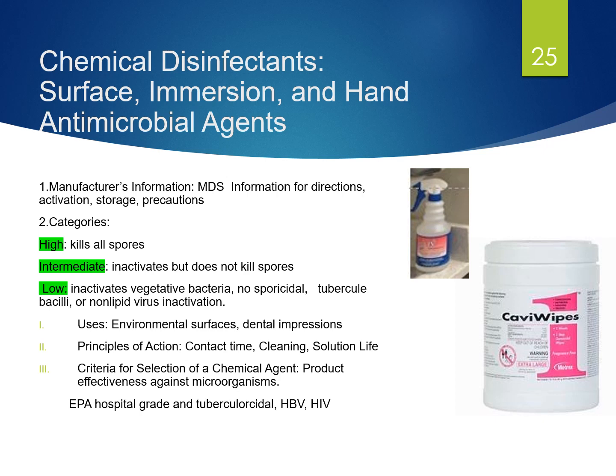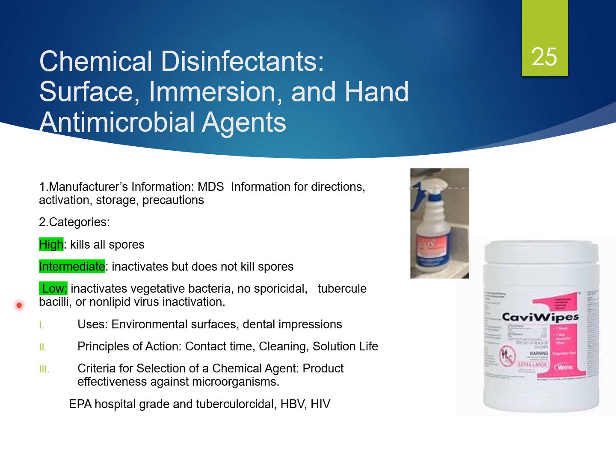We use a CaviWipe that you see down here on the lower right. I think your textbook uses the spray-wipe-spray method, which is another high-level disinfectant. We use a wipe, dispose of the wipe, and then get another wipe when we're cleaning our surfaces when you first get into the clinic.